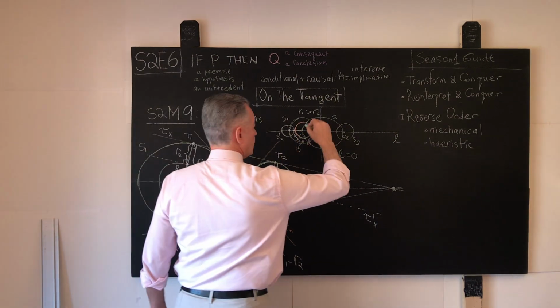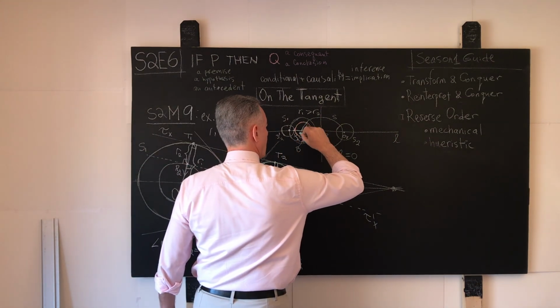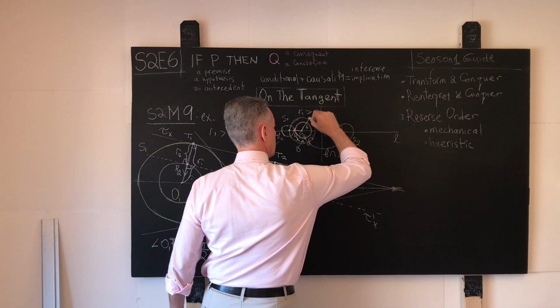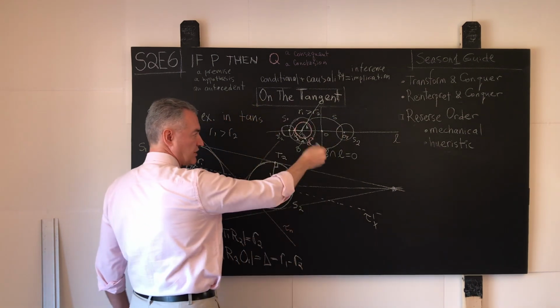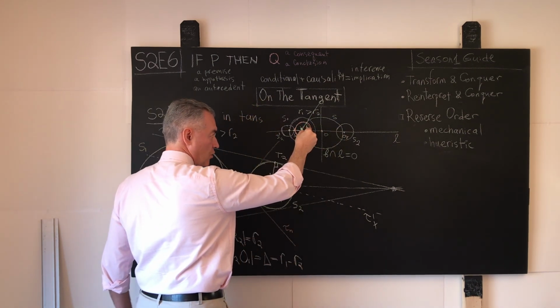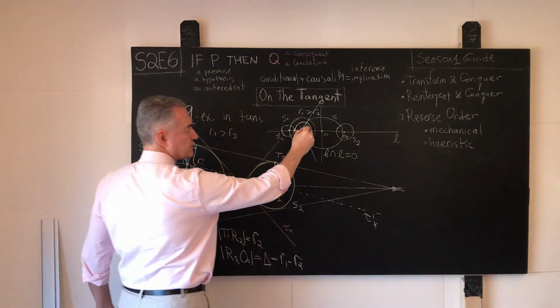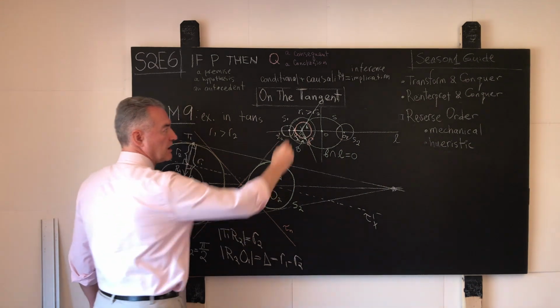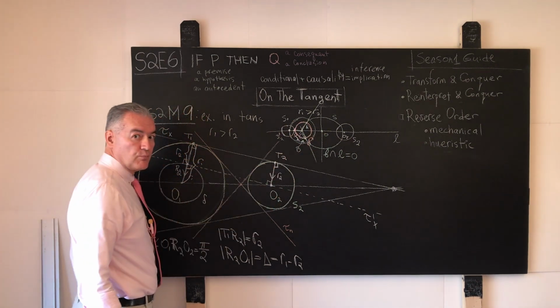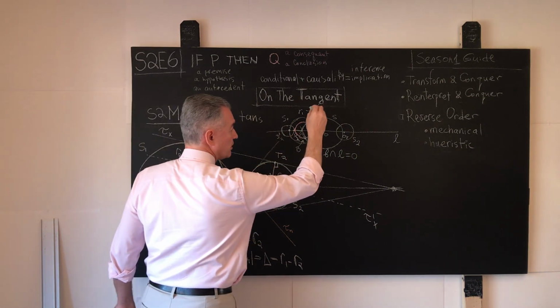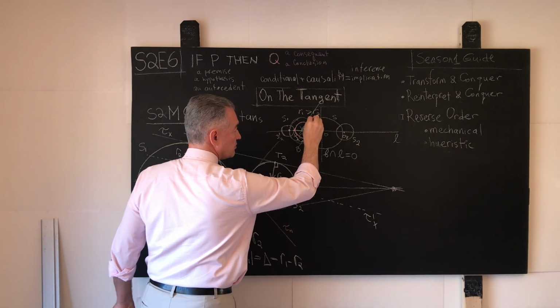So here we will draw the straight line O1, A like so. And for the second tangent, obviously, O1B like so. That straight line will intersect the circle S1 at 2 points, but we pick, for example, this one.